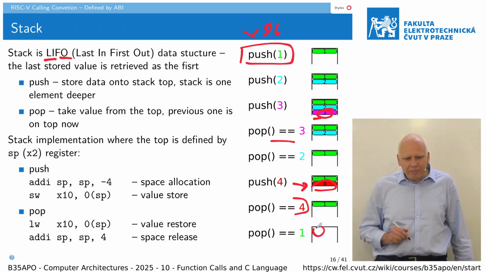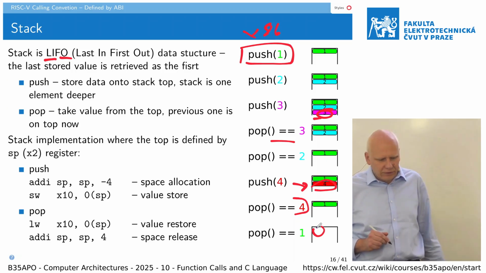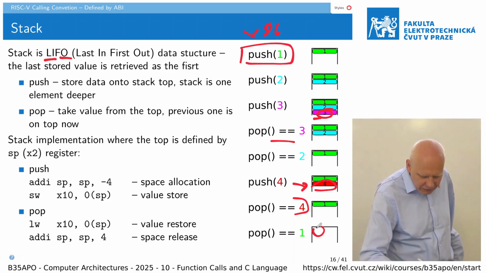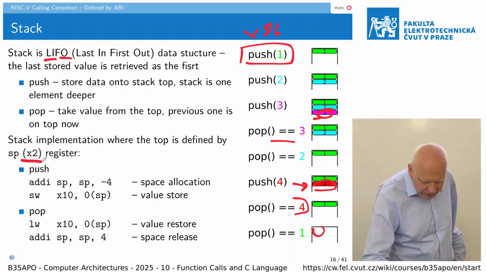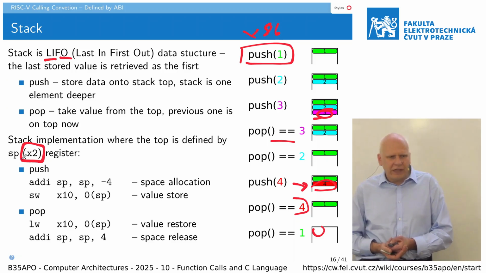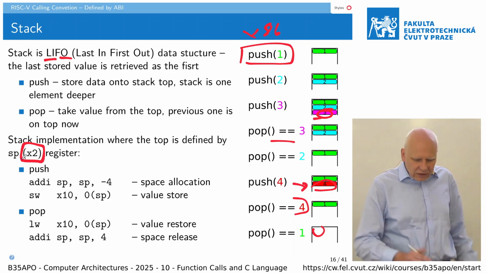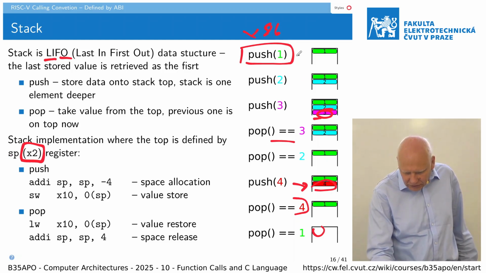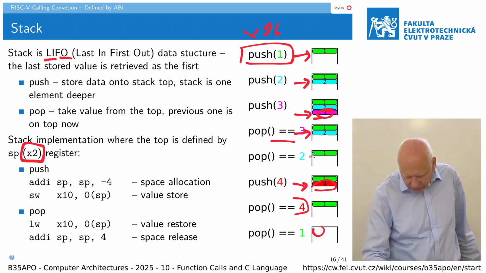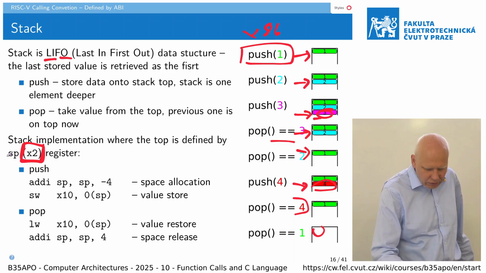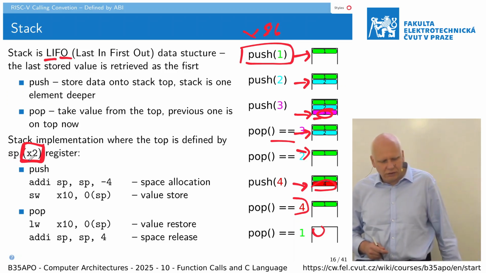And how can we implement this on the RISC-V processor? In the case of RISC-V, we have a definition in the application binary interface that the stack pointer, that is the pointer to the top of the stack, which points to the top stack element, is stored in the register X2.